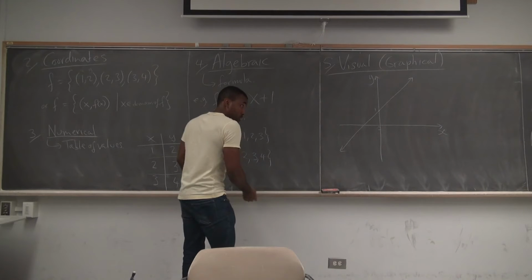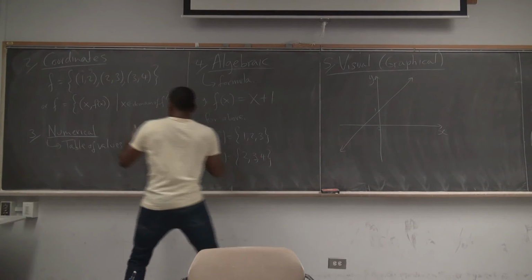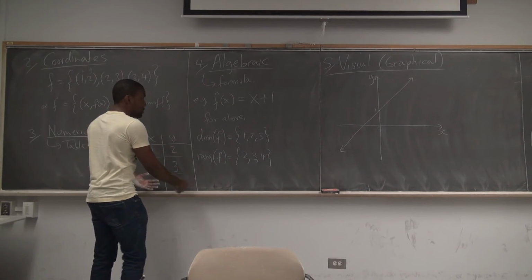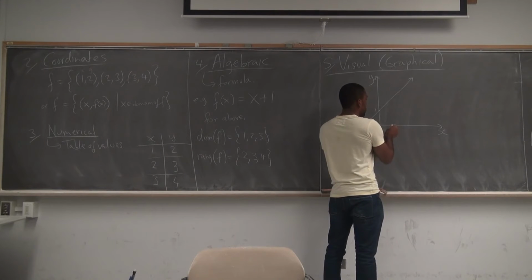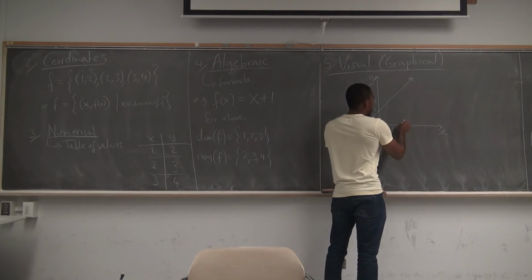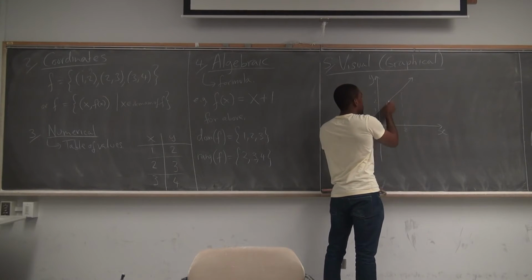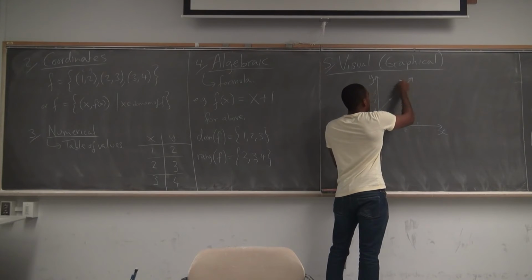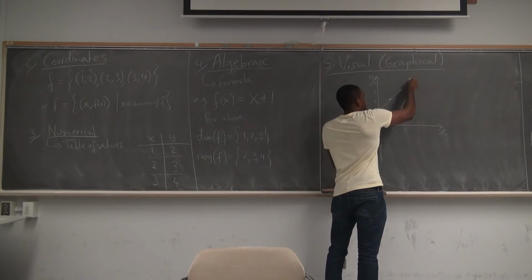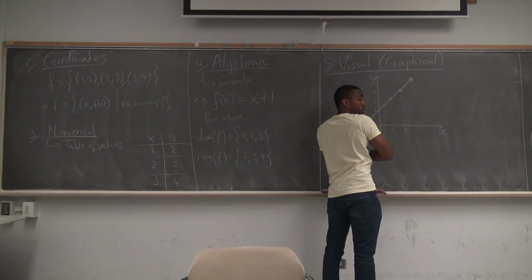Now, if you don't know how to draw that, you could take a list of values that you know the function gives you, and start plotting them. So you know that a 1 would go with a 2, and then a 2 would go with 3, and you get these points. 3 would go with 4. And then you can connect these dots to get the picture of your function.